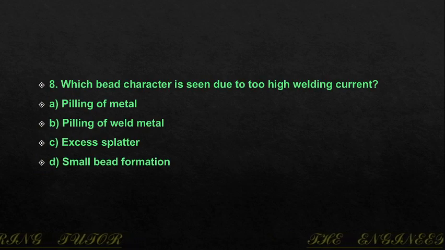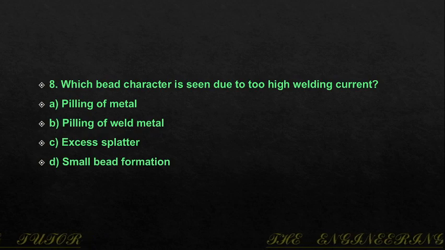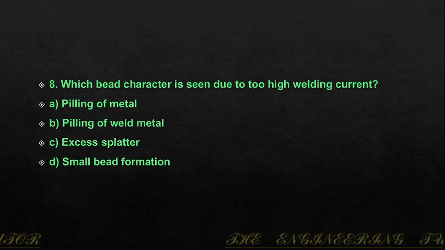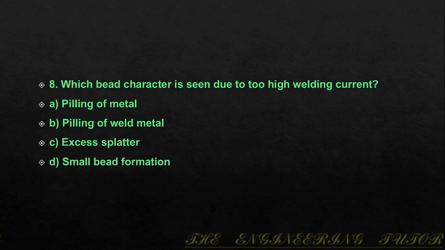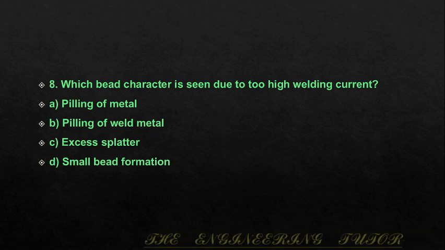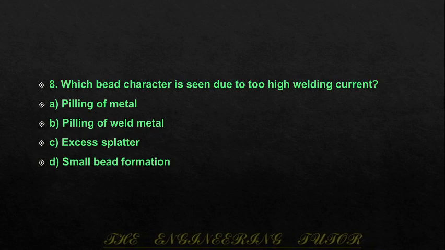Which bead character is seen due to high welding current? The options: filling of the metal, filling of the weld metal, excess splatter, and the fourth option, small bead formation. On provision of too low a current, there is a filling of metal seen.